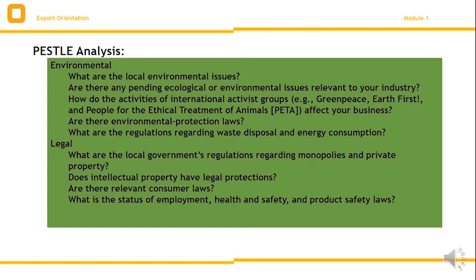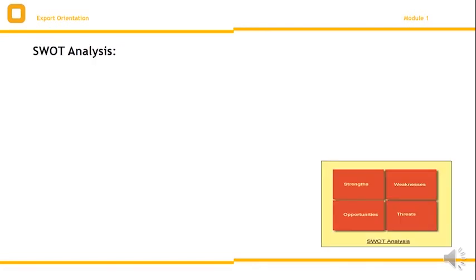Part of exporting means understanding and knowing your business very, very well before you actually start to export. There is a tool that's referred to as a SWOT analysis. SWOT stands for strengths, weaknesses, opportunities, and threats. A SWOT analysis is a tool that allows you as an entrepreneur to create a picture of your business's strengths, weaknesses, opportunities, and threats.